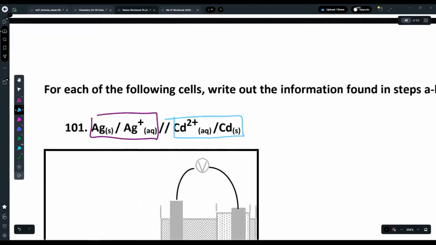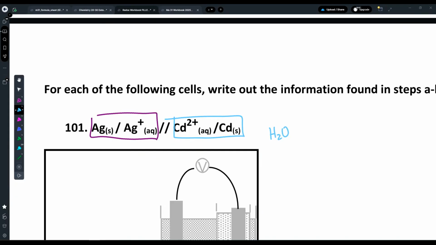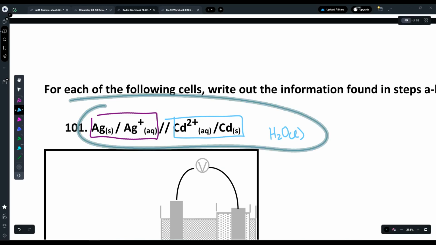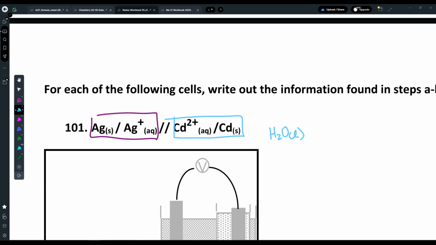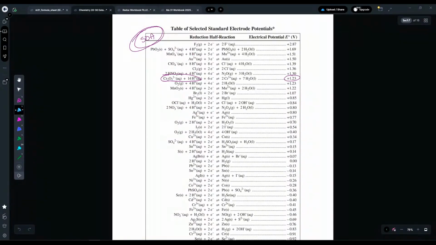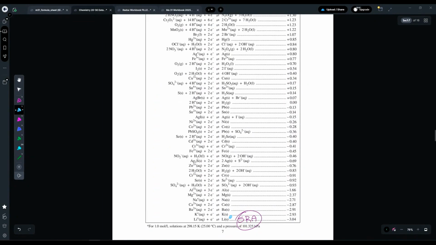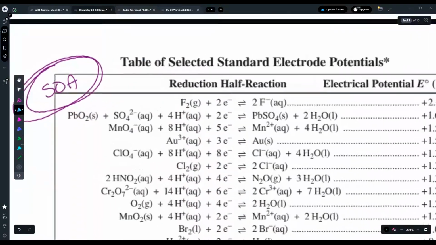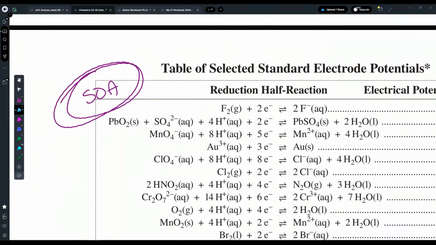Okay, so we're going to want to figure out what our SOA and SRA are. Okay, so we've got silver 1+ ions, cadmium 2+ ions, cadmium, and we also have water. So I'm going to write water over here. Okay, so this is our species list. Okay, so if I look at all of these reactions here, I'm going to figure out, okay, what is my SOA?